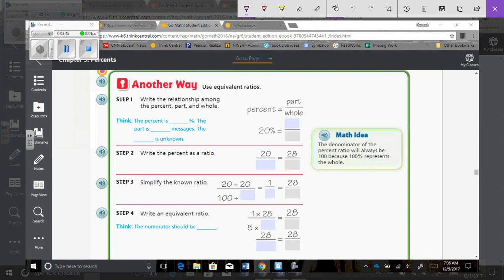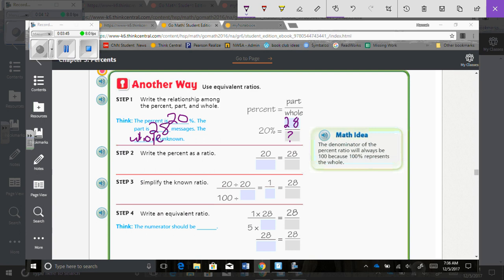Okay, so the percent is 20%, and the part, we know that she has already sent 28 messages, so that would be our part, and the whole is what we don't know. The whole is unknown.